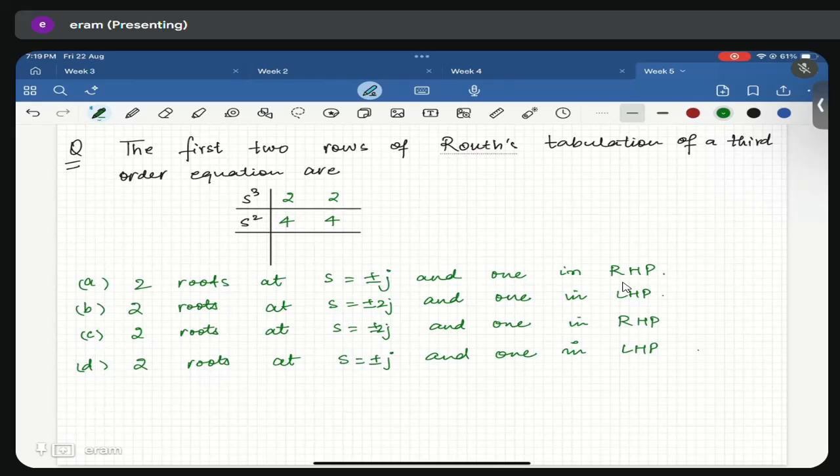Identify which option is correct. We have a third order equation.